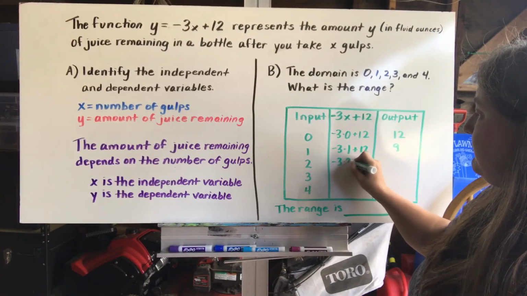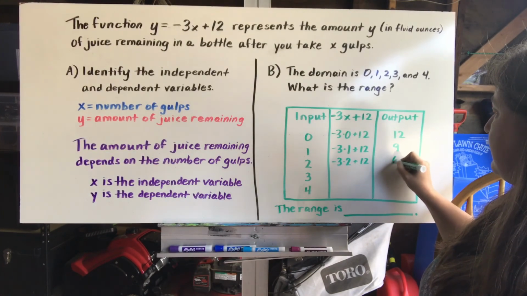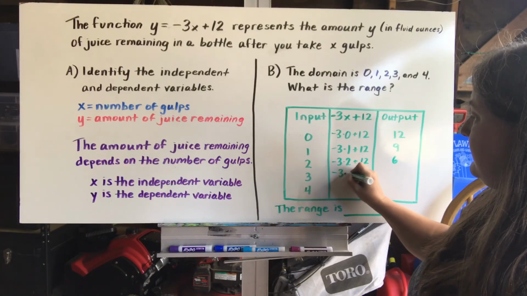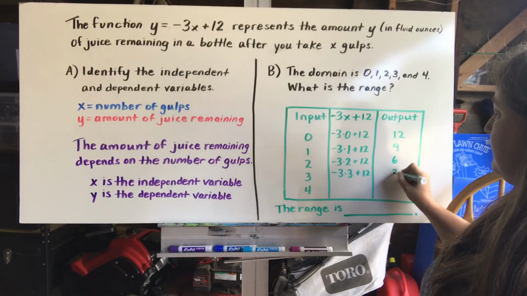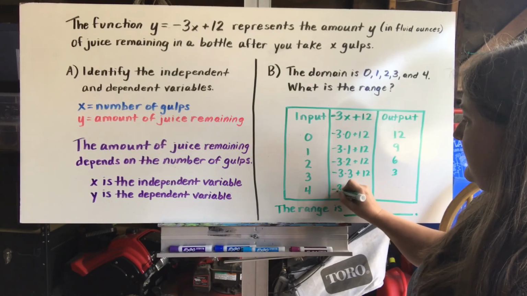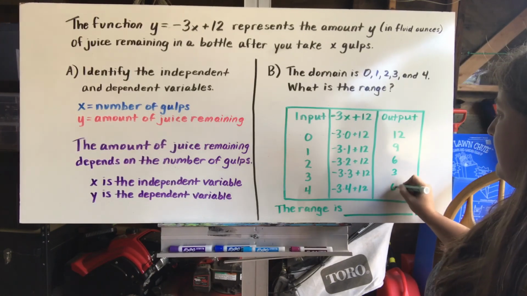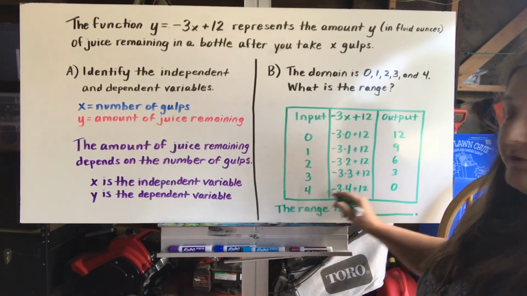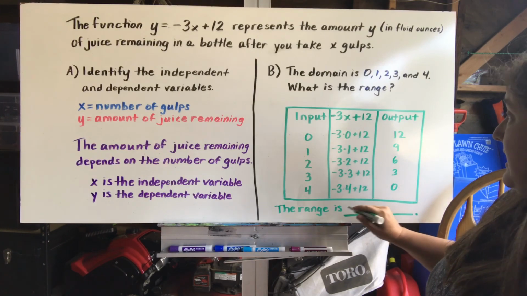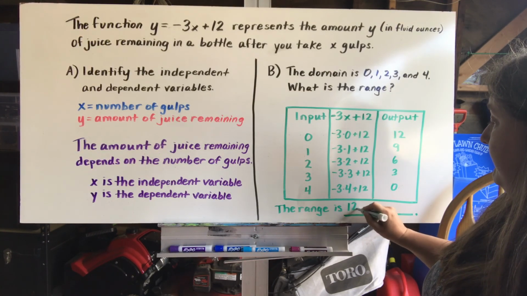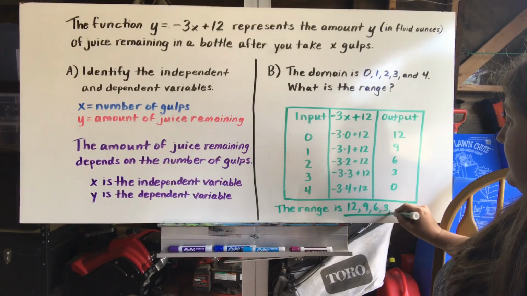Negative 3 times 2 gulps plus 12 gives us 6. Negative 3 times 3 plus 12 gives us 3. Negative 3 times 4 plus 12 gives us 0. So after 4 gulps, there is 0 ounces of juice left in the bottle. So our range is 12, 9, 6, 3, and 0.